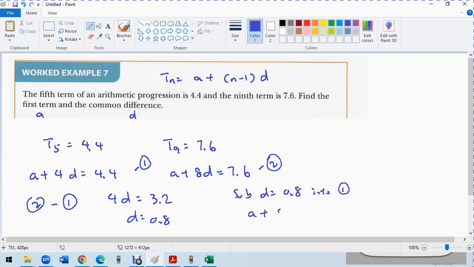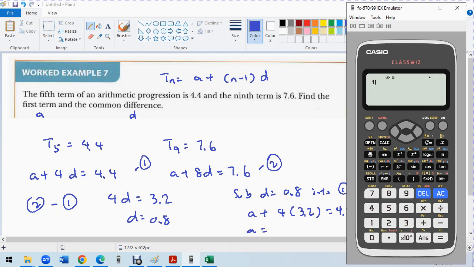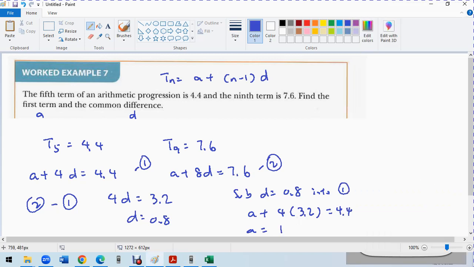Then A plus 4 times 0.8 equals 4.4, so A equals 4.4 minus 4 times 0.8. Then it is 1.2.